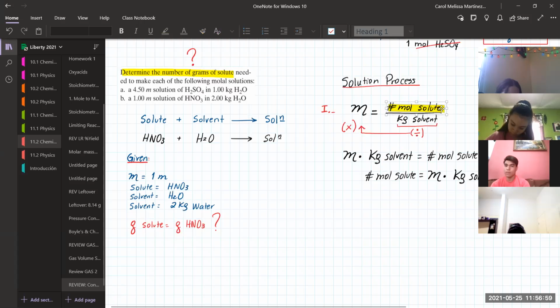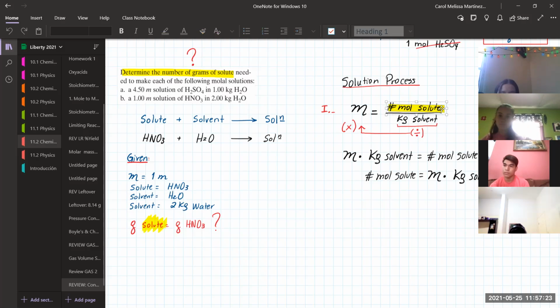You are looking for the solute, okay? So you will isolate a part of the formula that involves the solute, which in this case is the moles of solute. Isolate moles of solute, and you will have moles of solute equals molar concentration times kilograms of solvent.